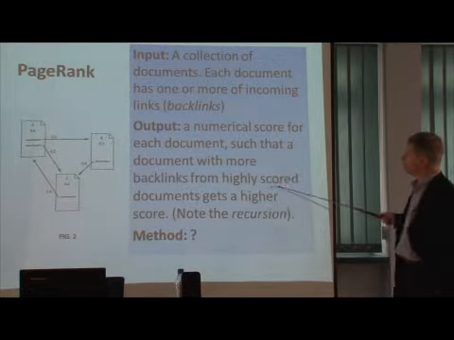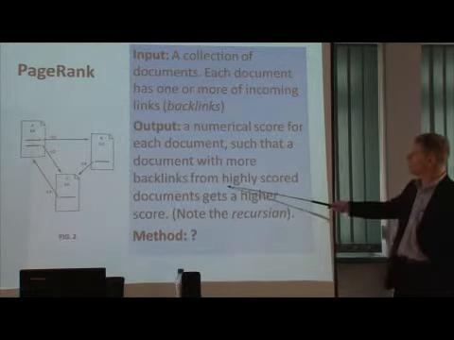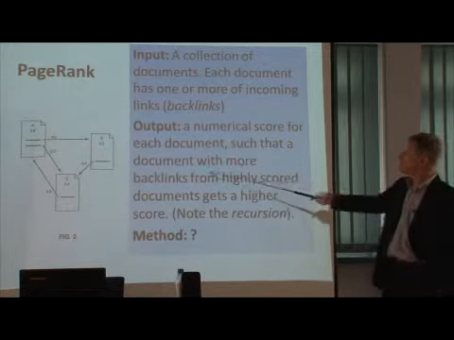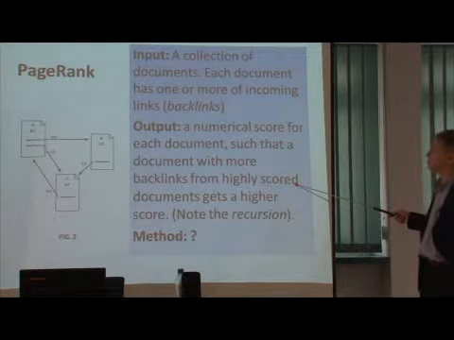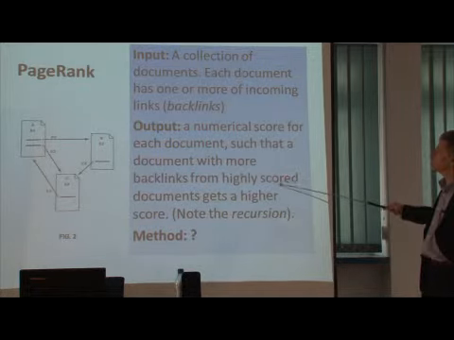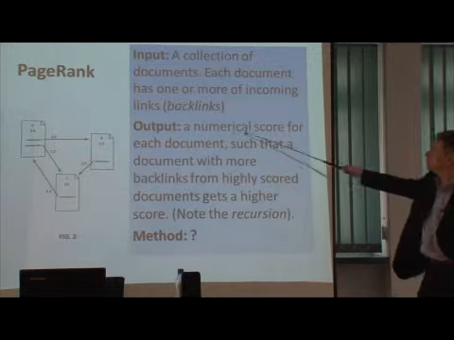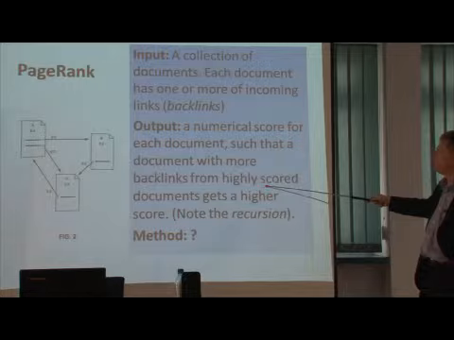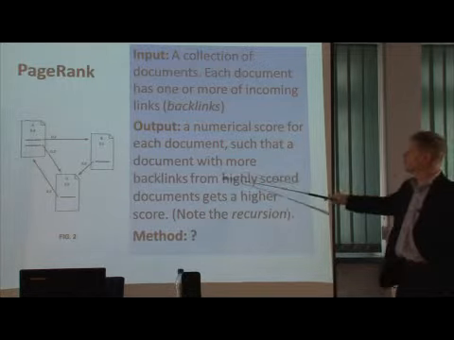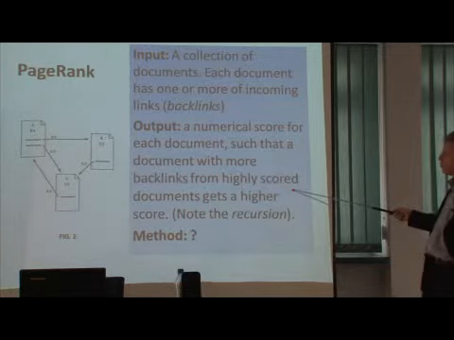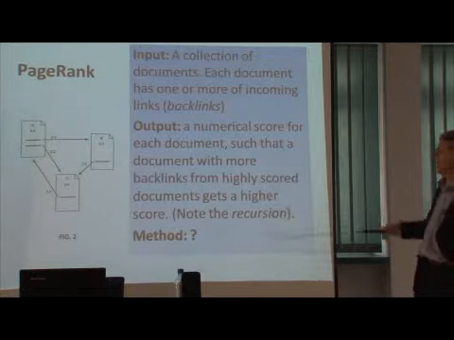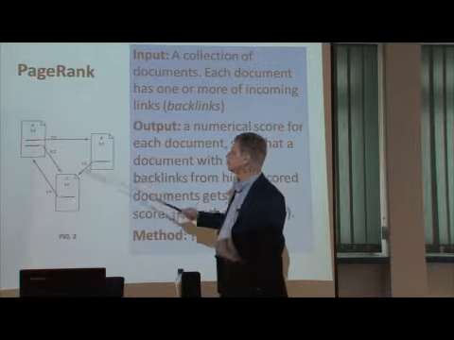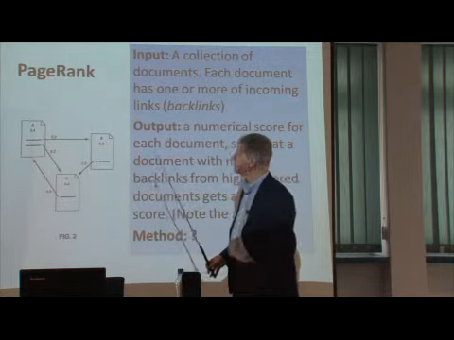However, the novelty of PageRank comes from this part, that with more backlinks from highly scored documents, all right? So what we have here is the recursion. To get the numerical score for a document, you have to have scored some other documents before. So there is some kind of recursion going on here, and we can see it, for instance, in this example.